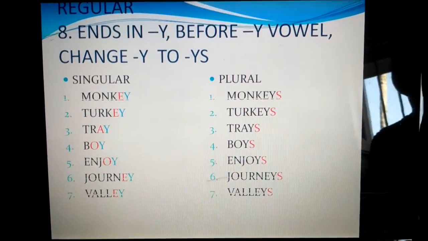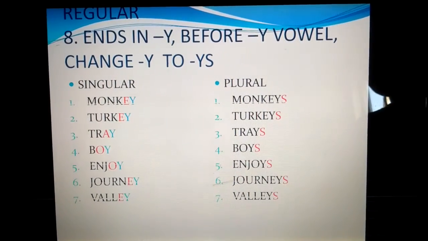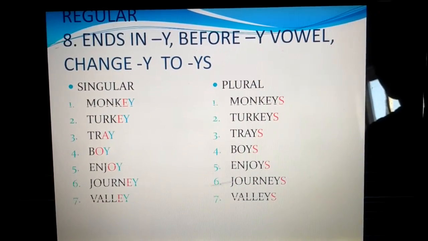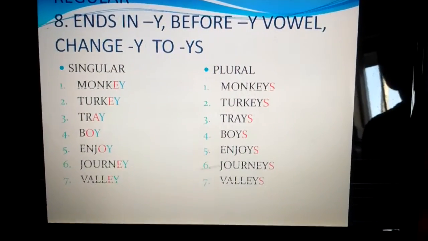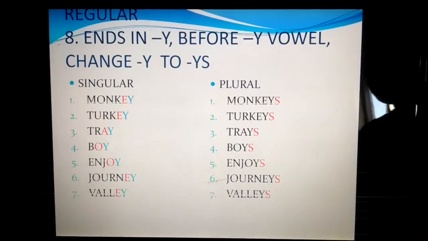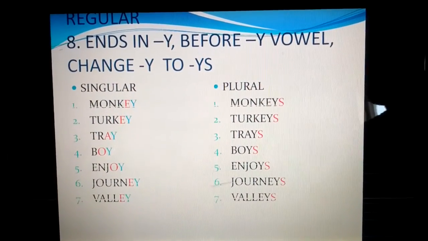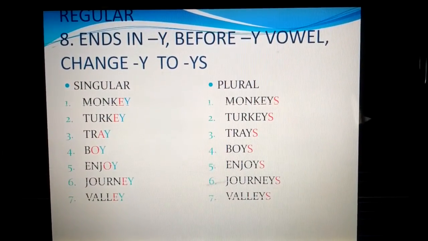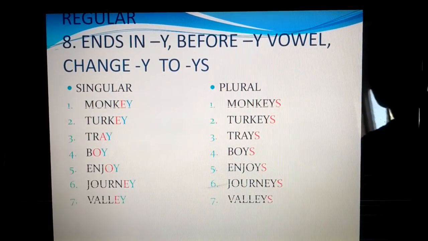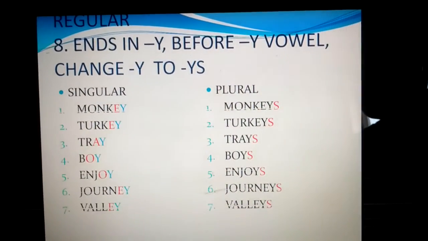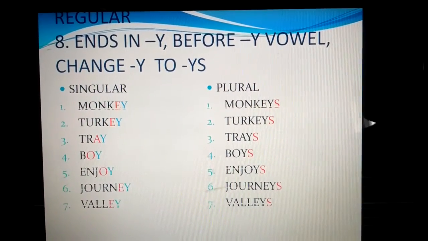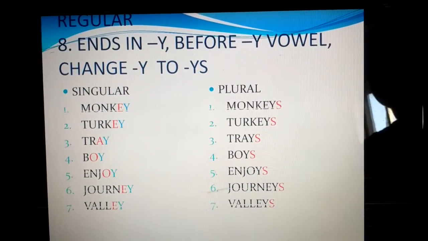Like this, puppy, puppies, lady, ladies, hobby, hobbies, lorry, lorries, family, families, fry, fries, memory, memories, story, stories. Okay. The next one, it is a regular, because here we add s, that means the opposite rule of point number 7. Monkey, ending in y, but before y here is a vowel, e is the vowel there, so we only add s.